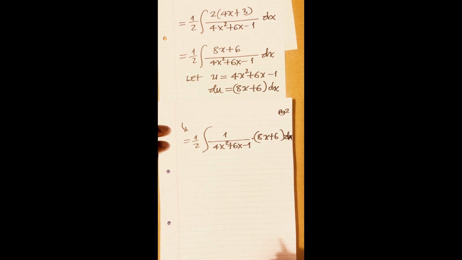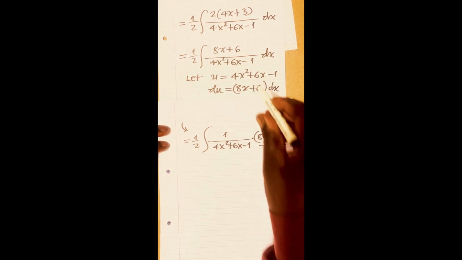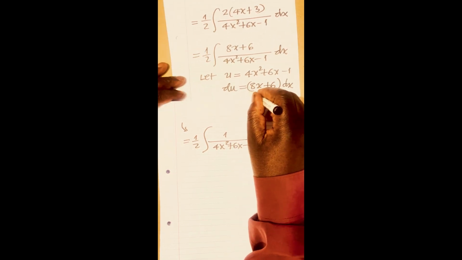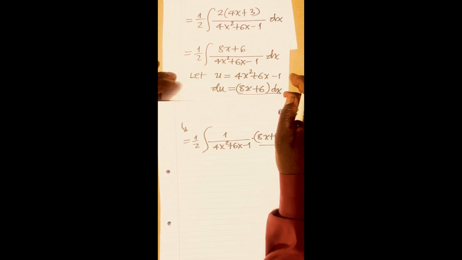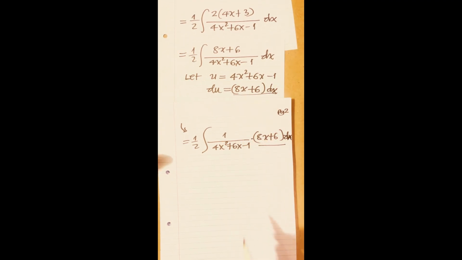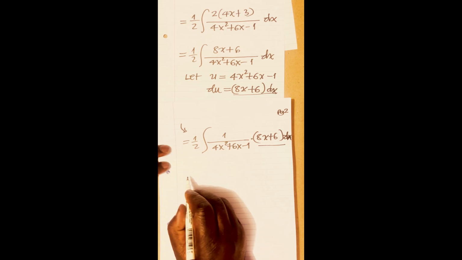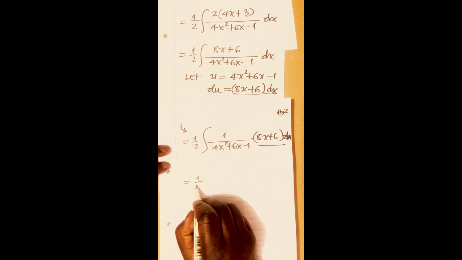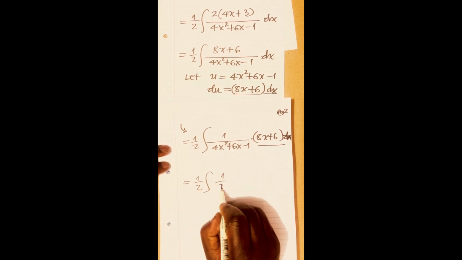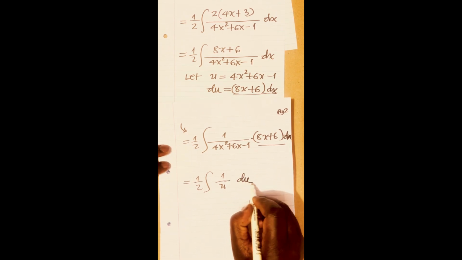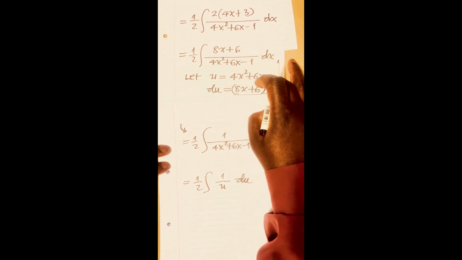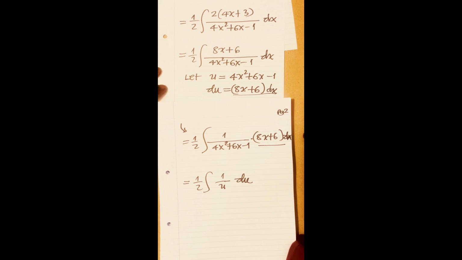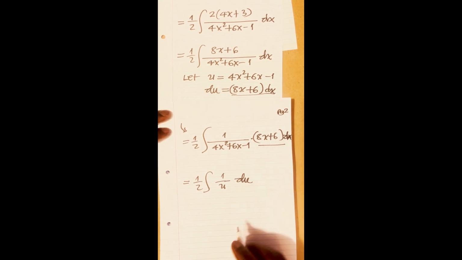Because this one here is exactly what we have over here. So now I can transform that integral as follows: 1 over 2 times the integral of 1 over u times du. Remember, u is equal to 4x² + 6x − 1, and du is equal to that expression.